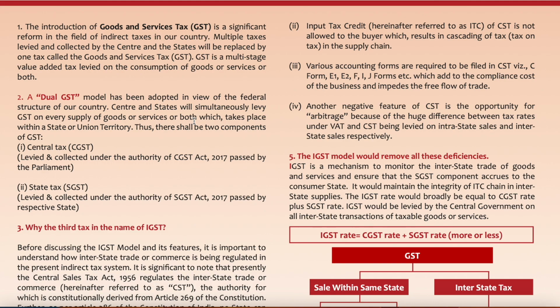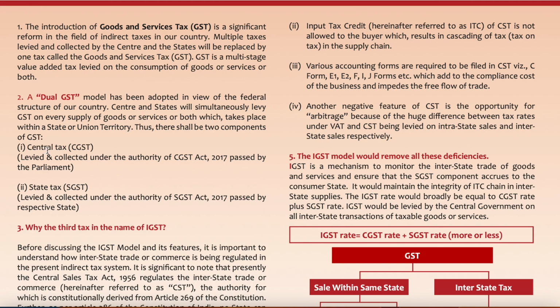And this law is a dual system, meaning that there is one system that will tax the goods from production or import or manufacture to the final consumption by the final consumer, and takes place within a state or union territory. Thus, there shall be two components of this goods and services tax.